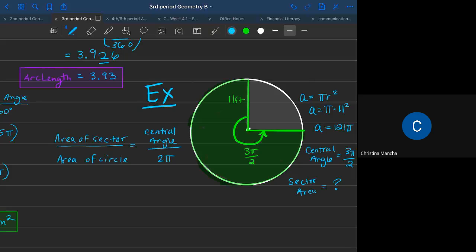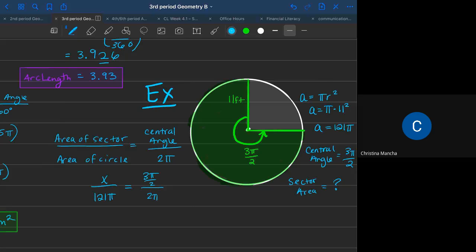Okay, so here we're going to say x divided by the area of the circle, which we said was 121 pi, is equal to the angle, which is 3 pi over 2, divided by 2 pi.